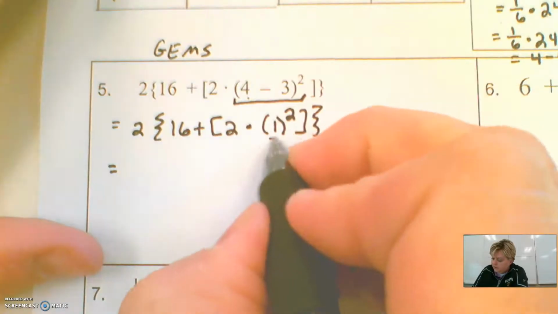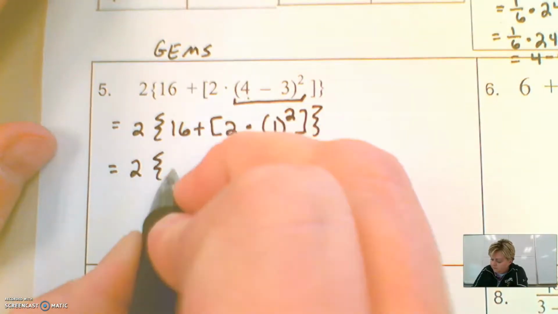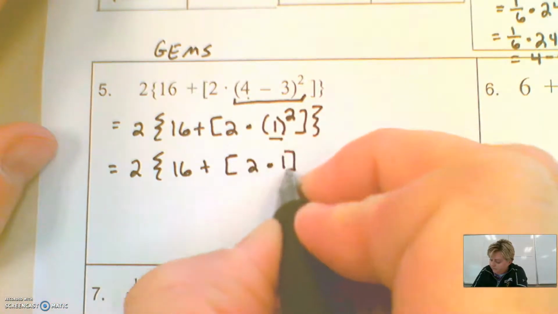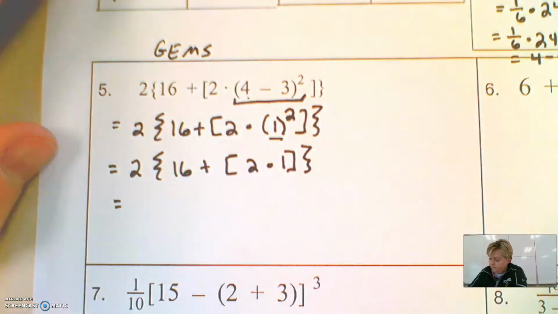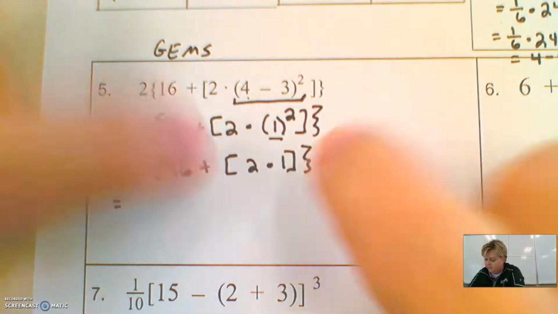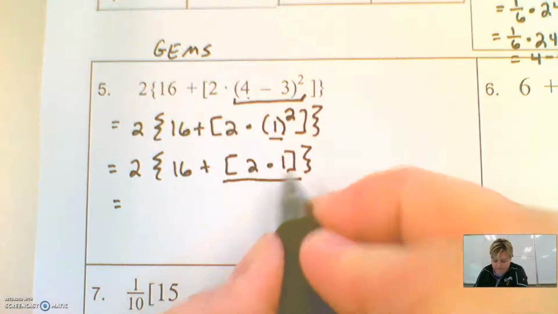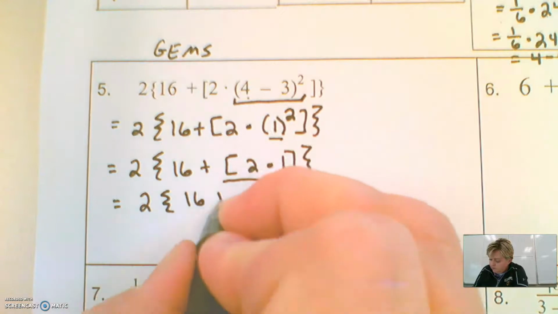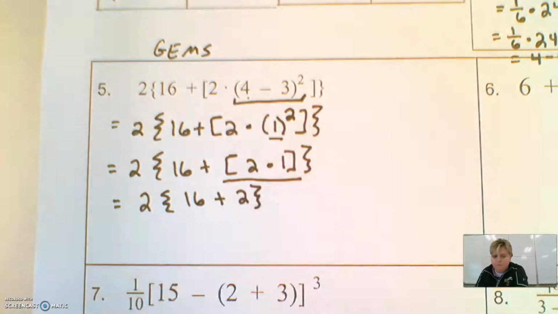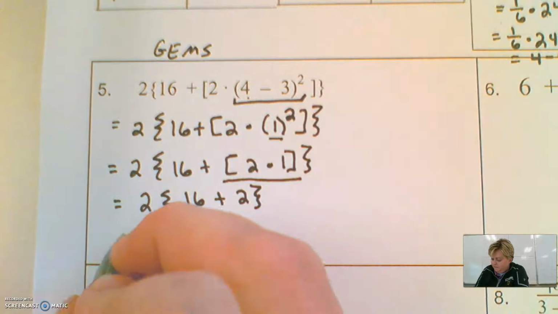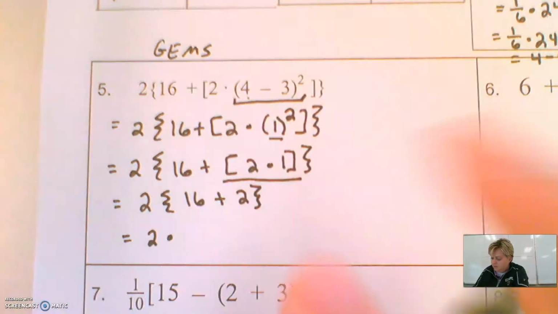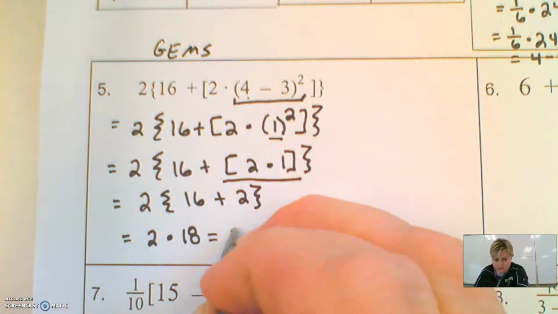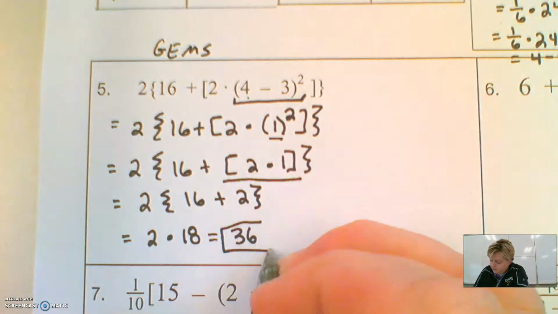Here, 1 squared is 1. Working your way to the inside. 2 times 1. 2 times 1 is 2. 2 times 16 plus 2 is 18. 2 times 18 is 36.